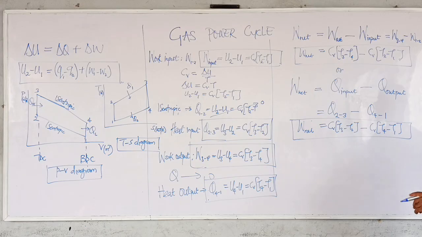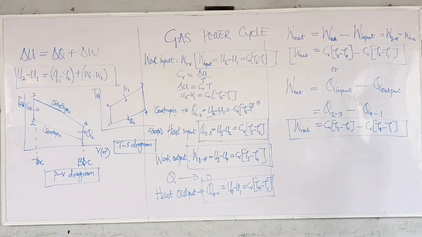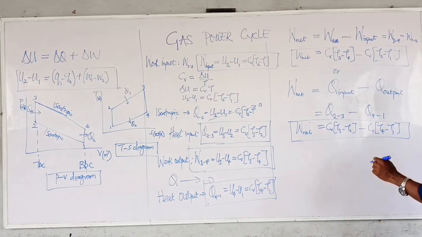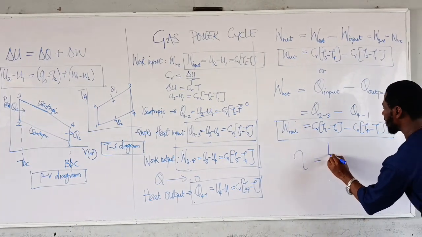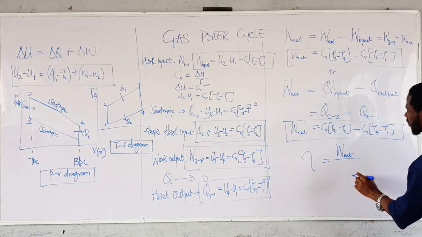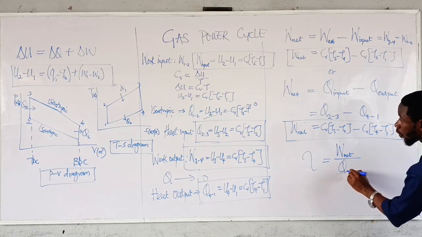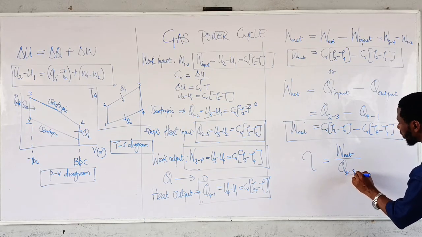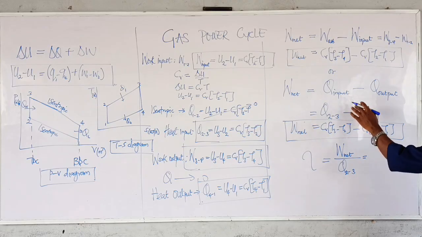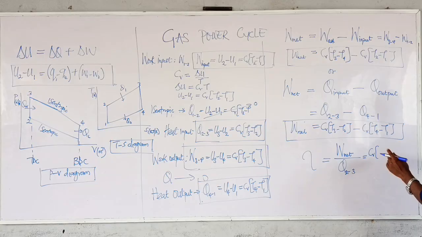Now, what is the cycle efficiency? Don't forget, this cycle that we are analyzing, we want to look at the cycle efficiency. We want to get the Otto cycle efficiency. The cycle efficiency is net work output divided by what? Heat supply Q1, Q2 to 3. For the net work output, we can take any one of these.